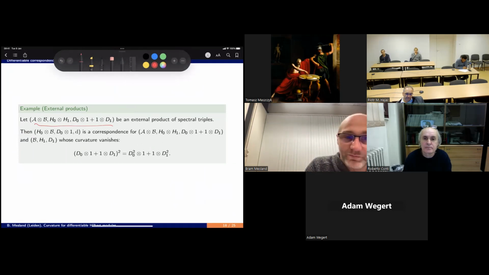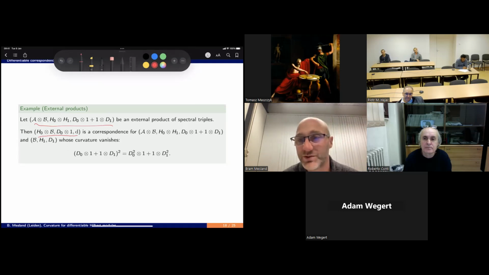Then you can make a correspondence, namely this one, H0 tensor B, D0 tensor 1, and the little d, which just differentiates on the B leg. So this fits with the example of the free module as a tensor product with a vector space. That's what this module is. And this defines a correspondence between the external tensor product and the second spectral triple.